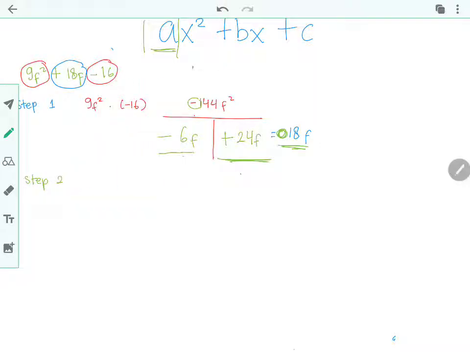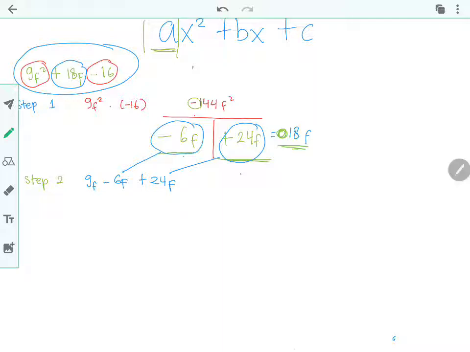So it will be 9f squared, then I rewrite minus 6f plus 24f, and then I rewrite again the question's last term, minus 16. Now what should you do? Just divide this into 2. Now look at this. You need to factorize this one.